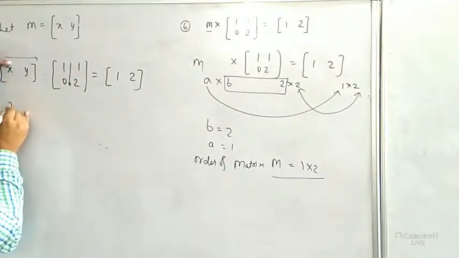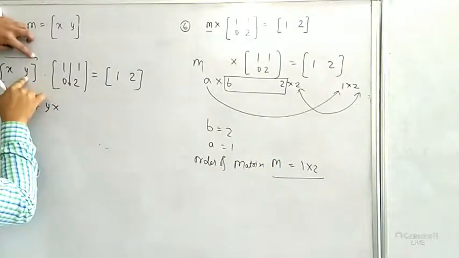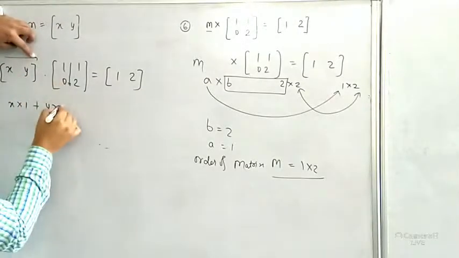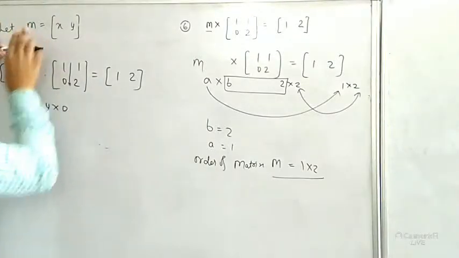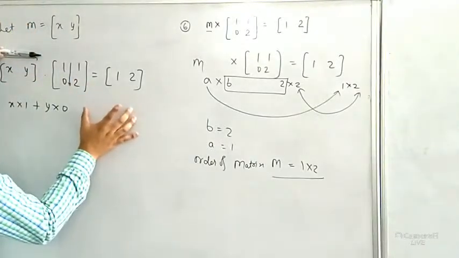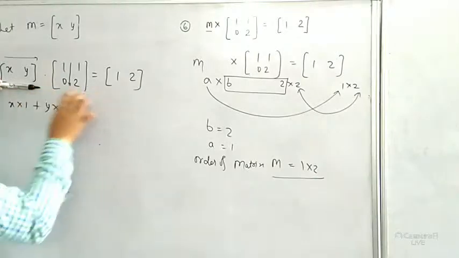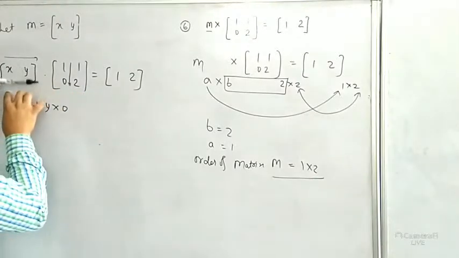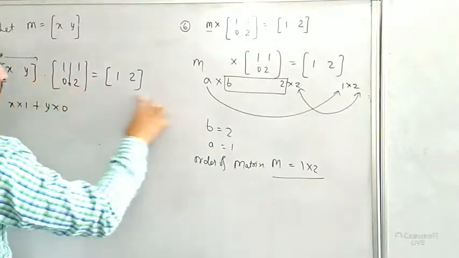So X multiplied by 1 plus Y multiplied by 0. Now we are taking the first row, the same row, so we take this part. And if you go to the second row, change this row also. If you have taken the first row and the first column is going ahead, then solve for the first row like this.